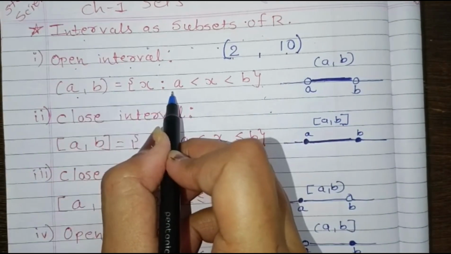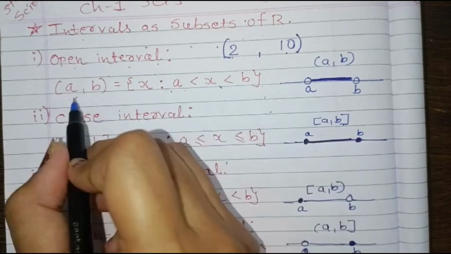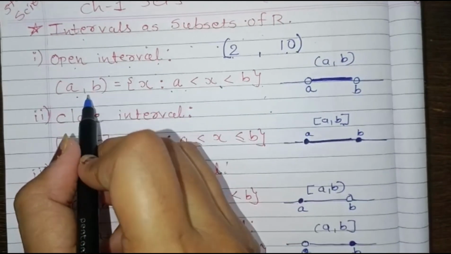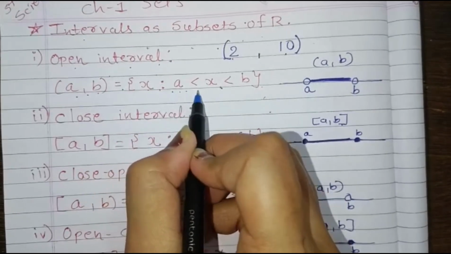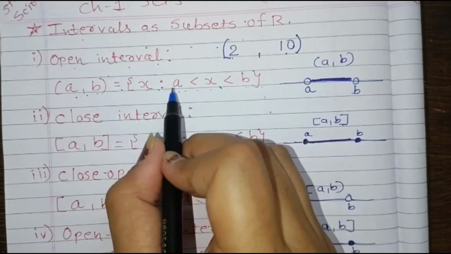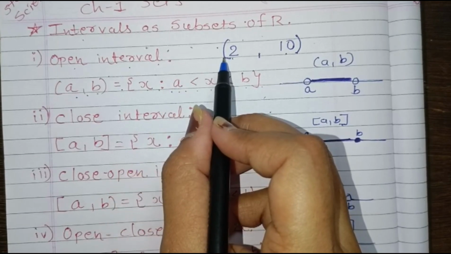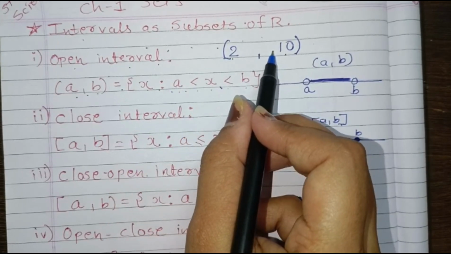You can write like this, and this is the general form. In general form, the open interval (a, b) equals {x : a < x < b}. It means a is not included in that list and b is also not included.